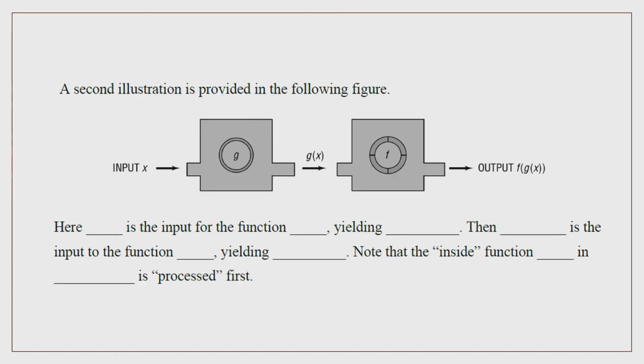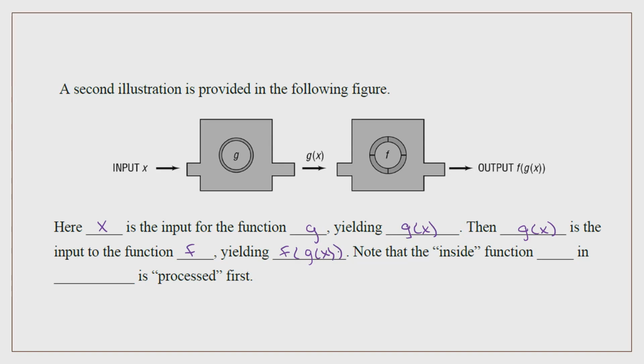A second illustration is provided in this following diagram. Here, x is the input for the function g, and this is yielding g of x as our y. Then g of x is the input to the function f, yielding f of g of x.